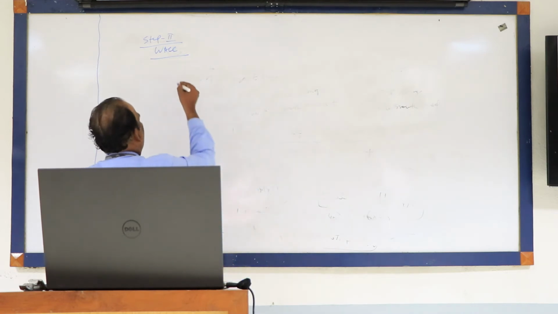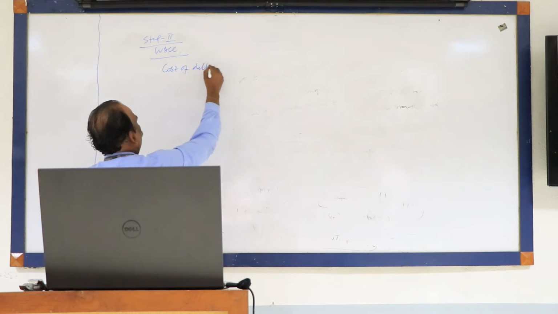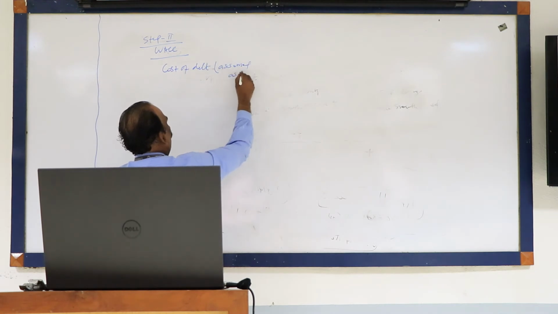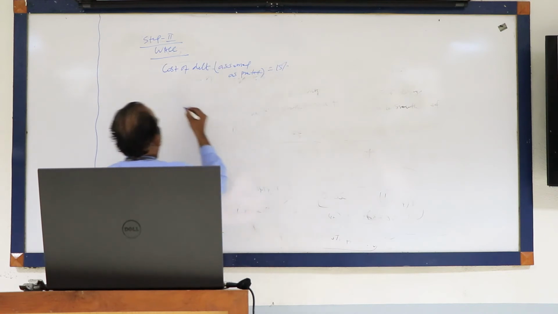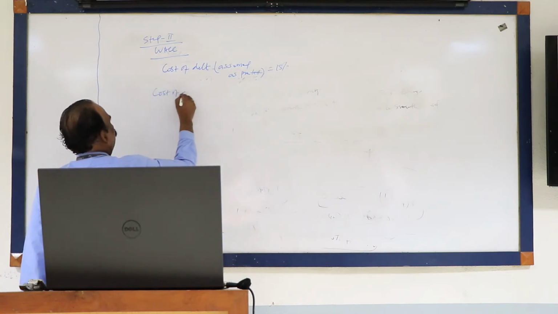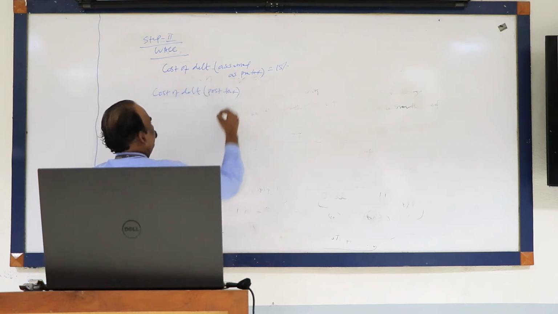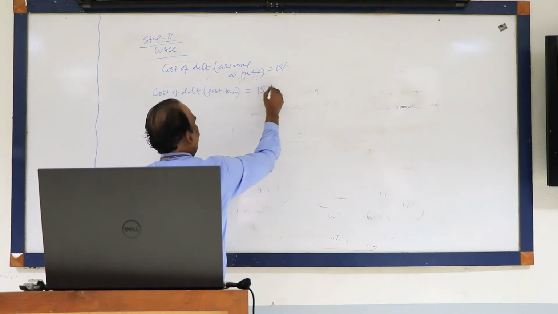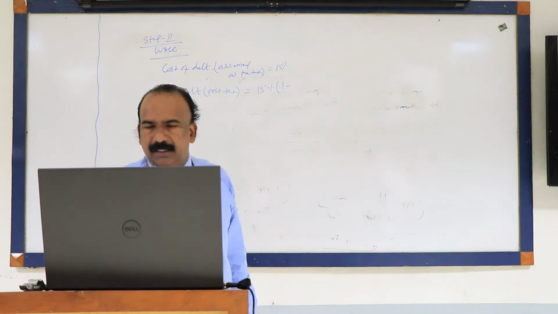Okay. So cost of debt assumed as pre-tax is 15%. So cost of debt post-tax is 15% into 1 minus t.